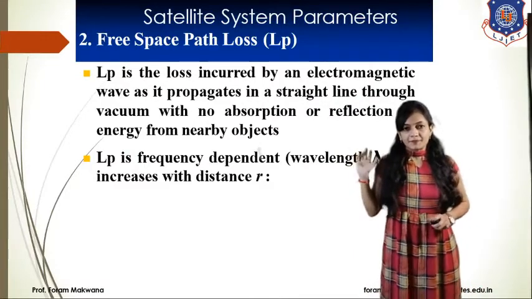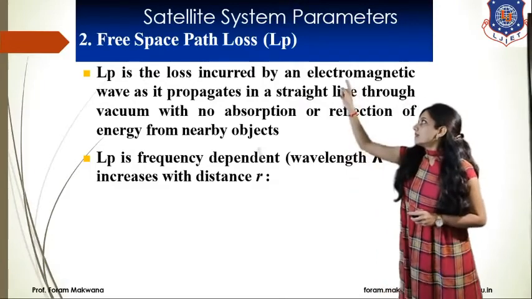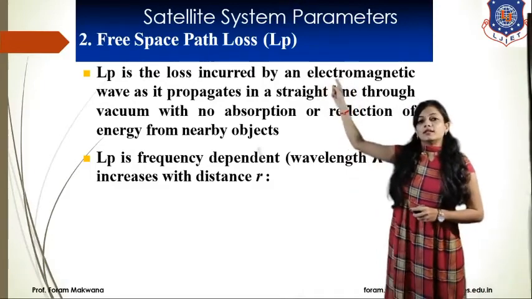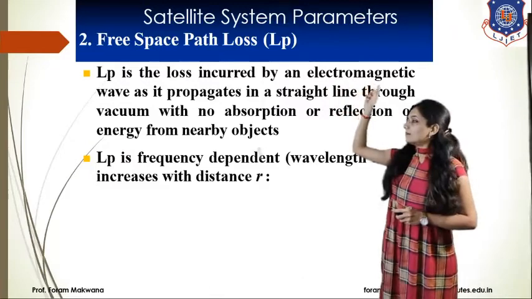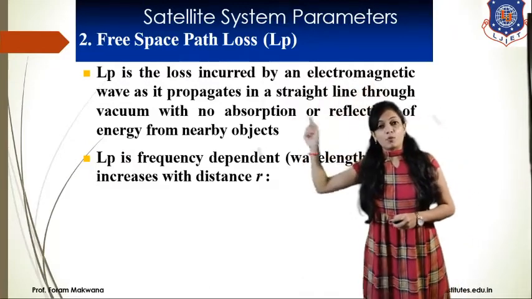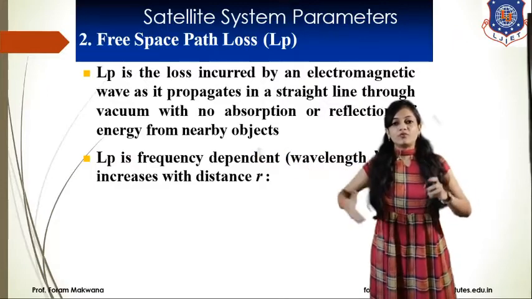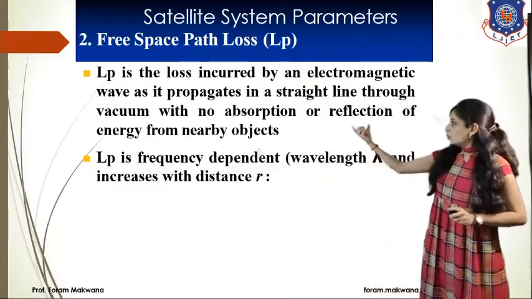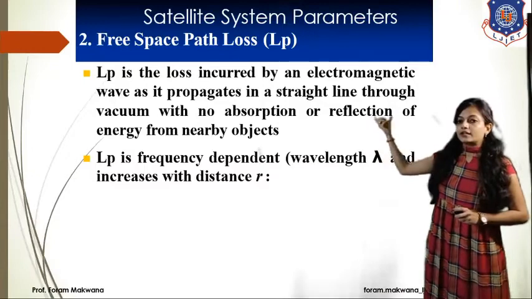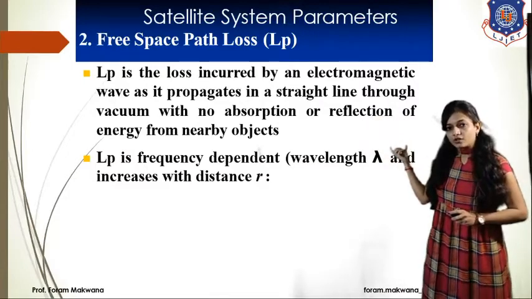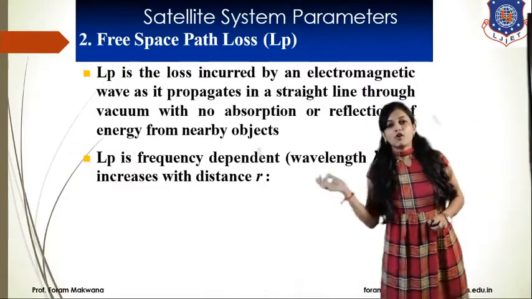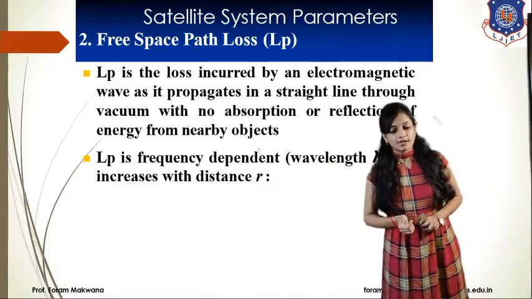Now what does it mean? See, this free space path loss is the loss which is incurred by an electromagnetic wave because it propagates in a straight line through the vacuum with no absorption and no reflection of energy from nearby objects, right?